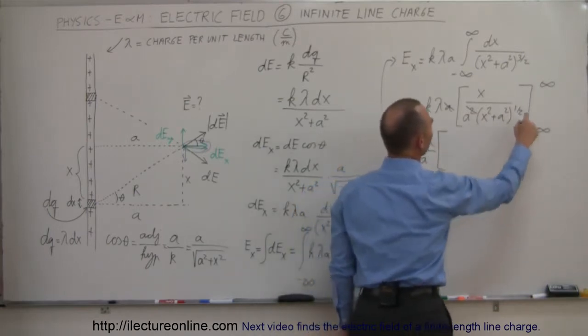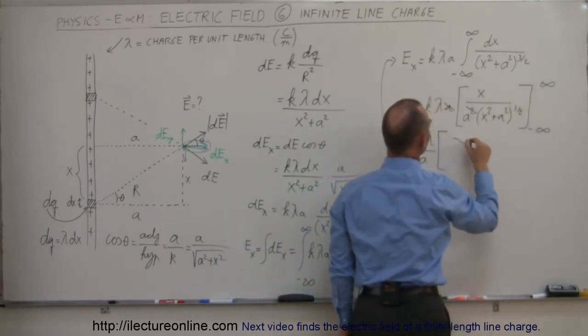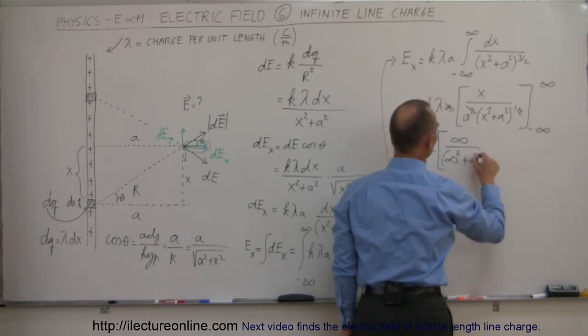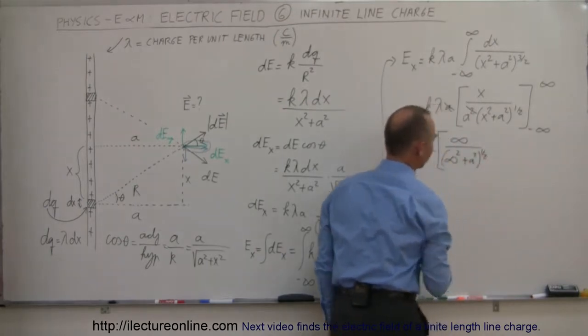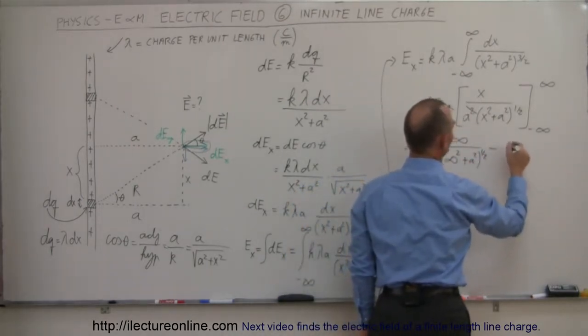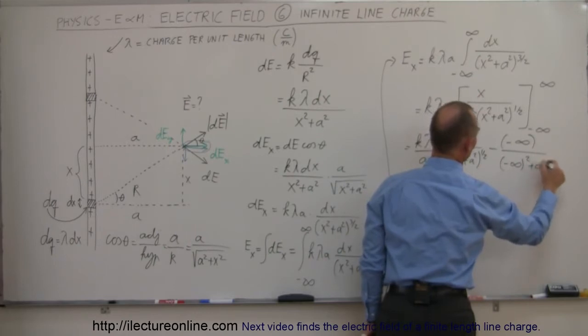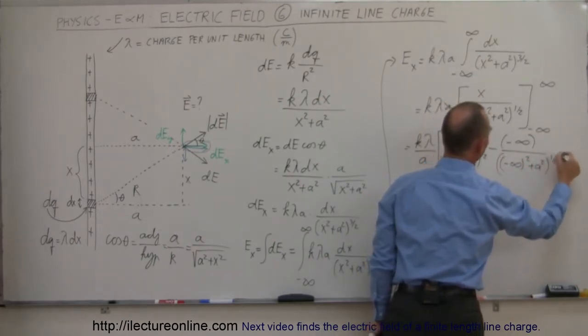When we plug in the upper limit, we get infinity divided by infinity squared plus a squared to the 1/2 power. Minus, when we plug in the lower limit, which is minus infinity divided by minus infinity squared plus a squared, all to the 1/2 power.